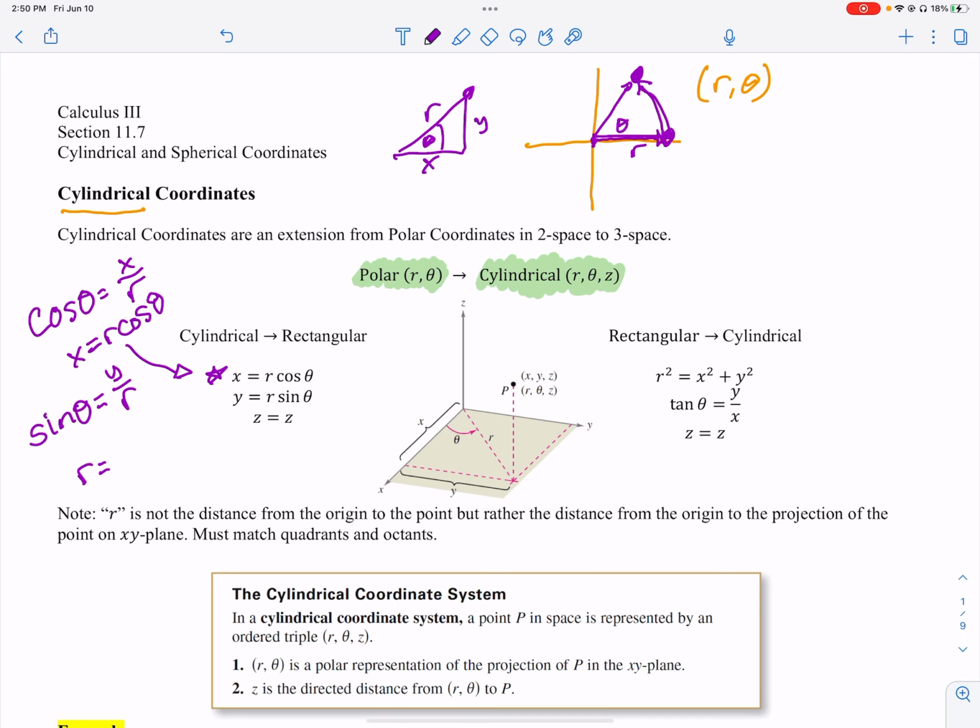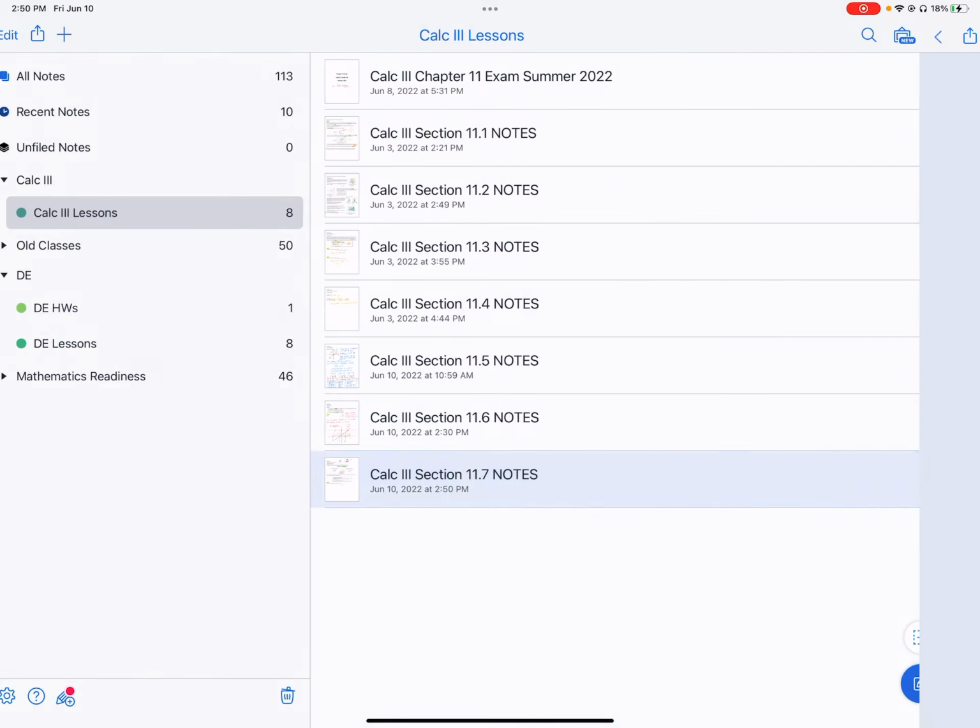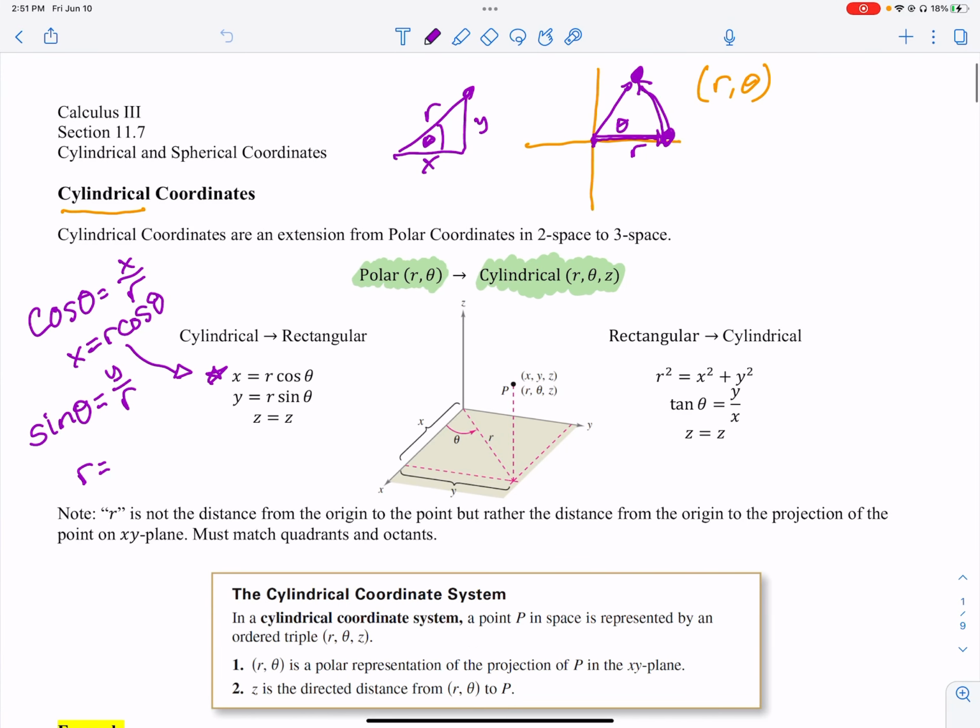Multiply both sides, we get y equals r sine theta, and that's that second equation right there. And then z, they just let z be z. So that's how we convert from cylindrical to rectangular.